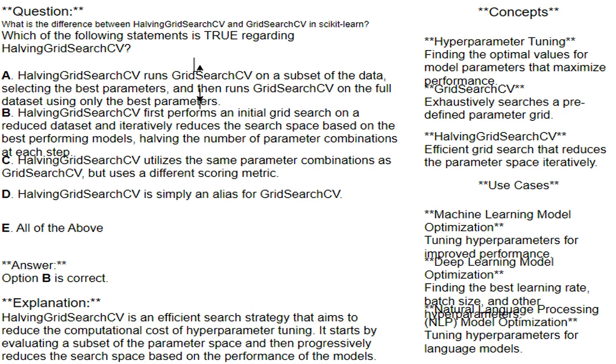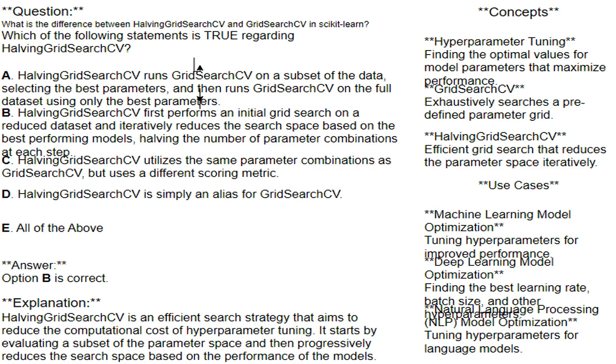D. Having grid search CV is simply an alias for grid search CV. Incorrect. Having grid search CV is not an alias for grid search CV.